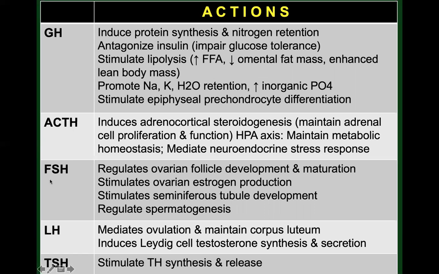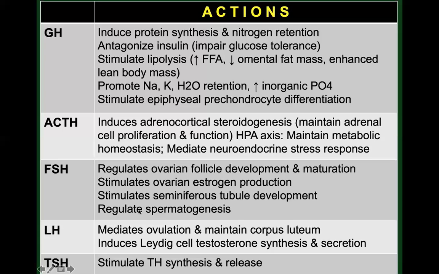For the follicle stimulating hormone, mainly, so you remember, it's for follicle development and maturation, as well as estrogen production. And for males, seminiferous tubule development and spermatogenesis. So I usually remember this one as the F for follicle and the S for the seminiferous and spermatogenesis.